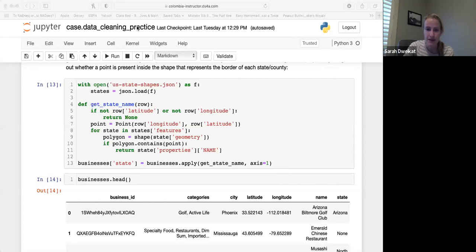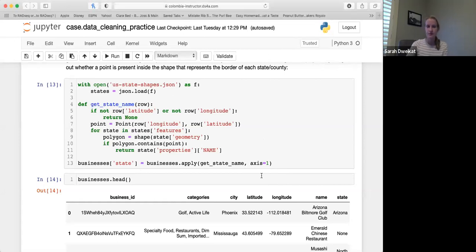Okay, so let me scroll through and just see. Okay. So yeah, this is really helpful code. You can load any JSON.